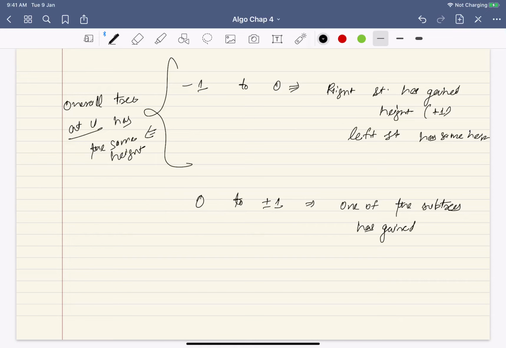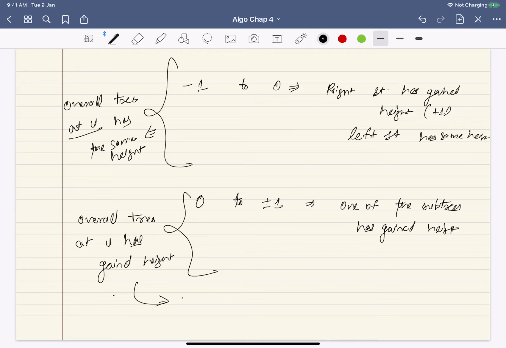And because it was balanced earlier, that means the overall tree at node u has gained height. So yes, you will have to go up.